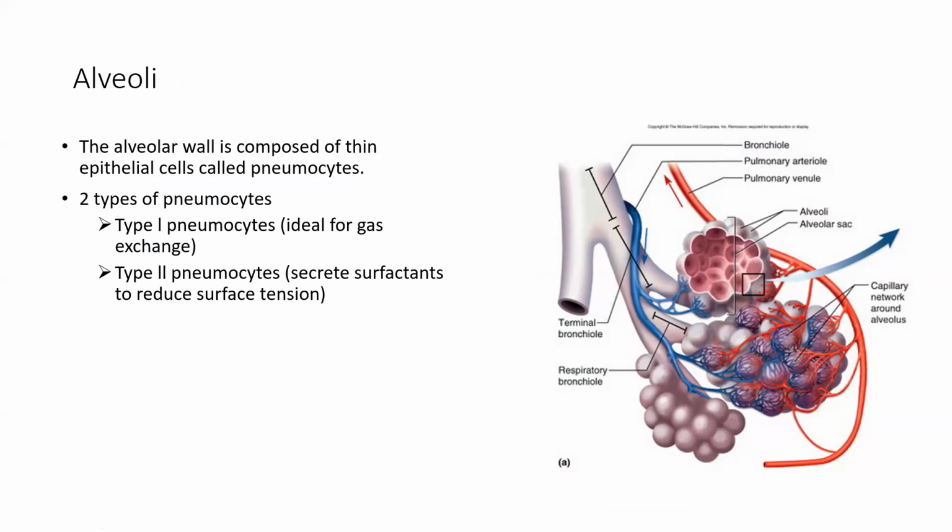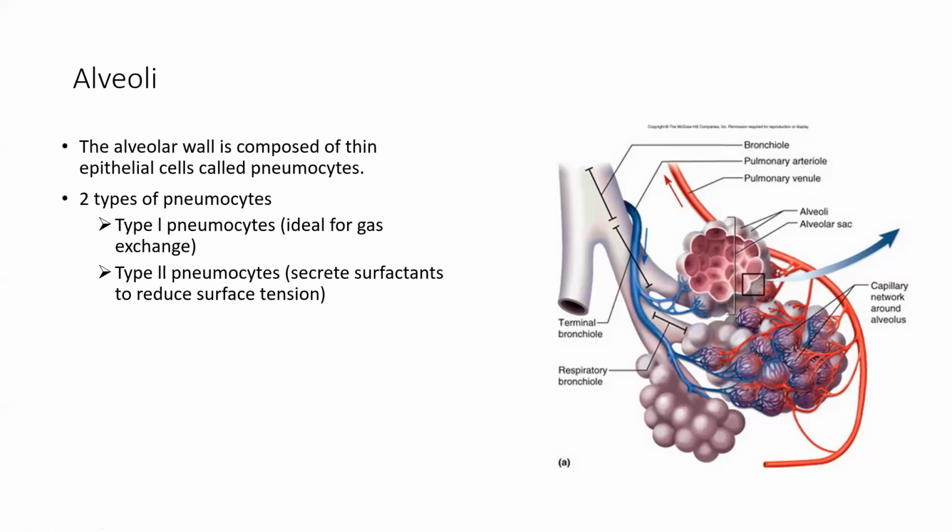The alveolar wall has a completely different structure from the bronchioles, and there are no cilia and no smooth muscles. Instead, they are lined by thin epithelial cells, also called pneumocytes. Most are regular pneumocytes, called type 1 pneumocytes, but you can also find type 2 pneumocytes.